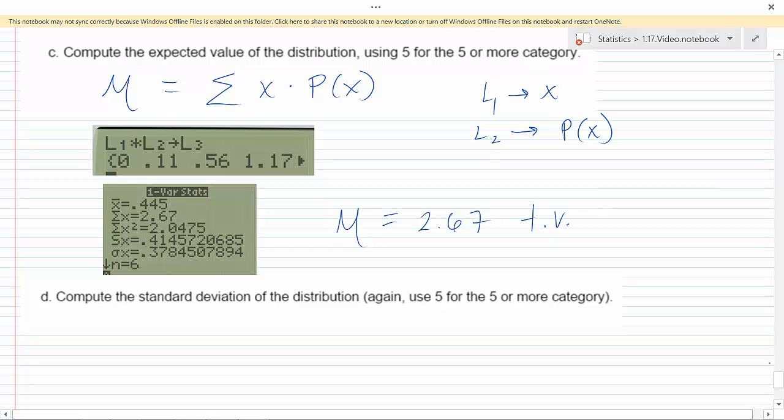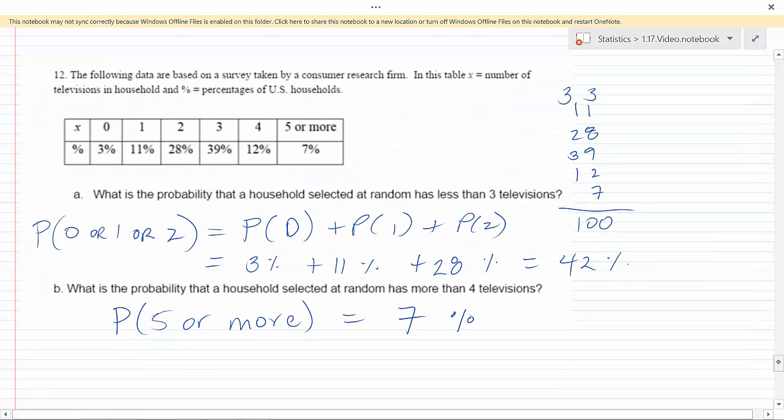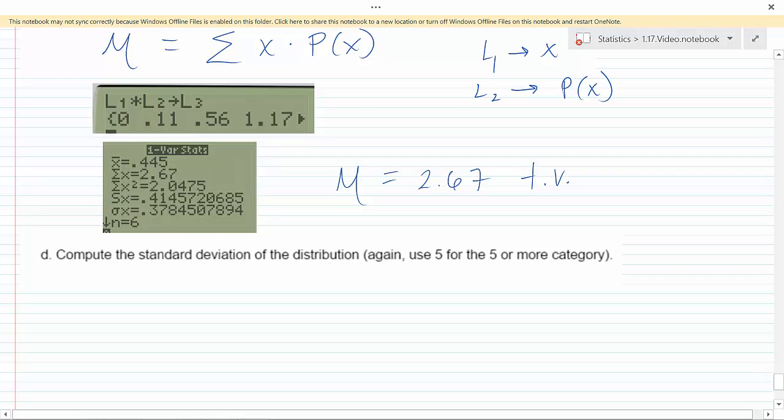I would expect a U.S. house to have approximately 2.67 TVs. Next, I'm going to compute the standard deviation sigma, and for a regular probability distribution, that's the square root of the sum of the quantity x minus mu squared times the p of x values.